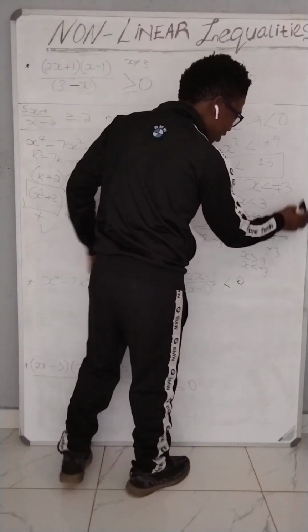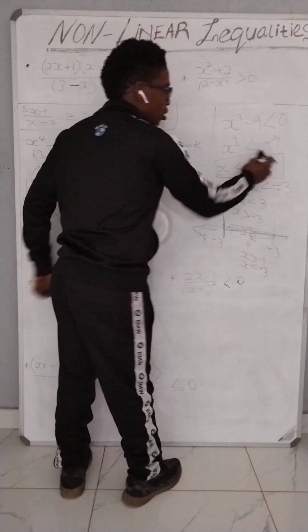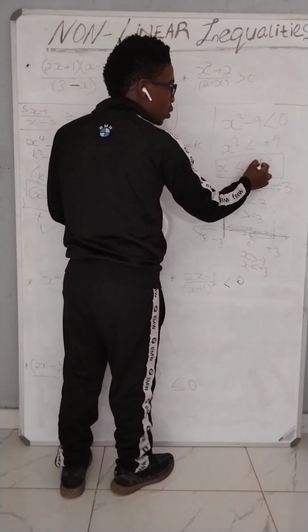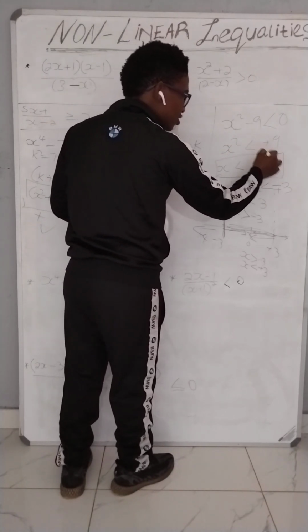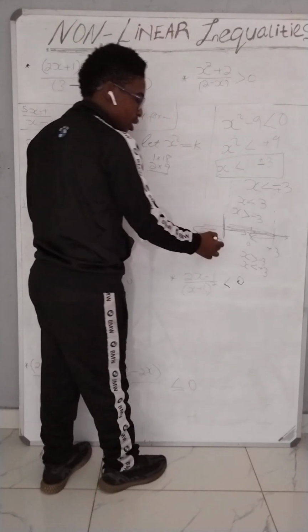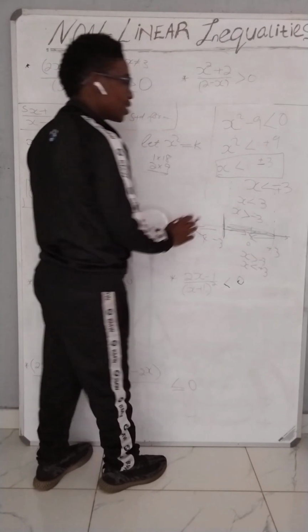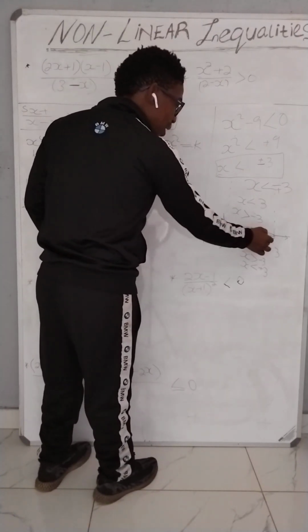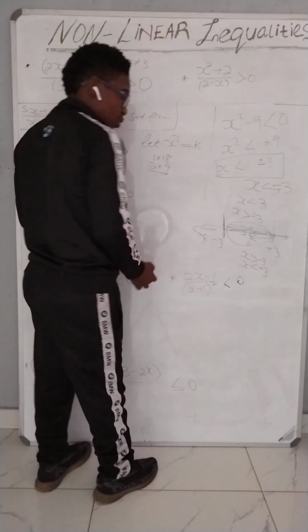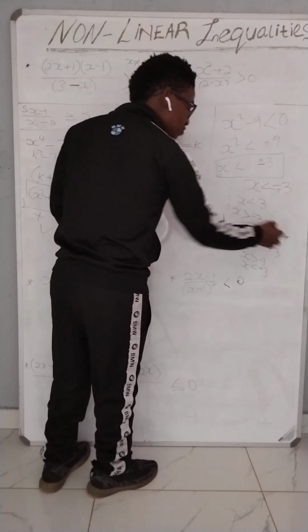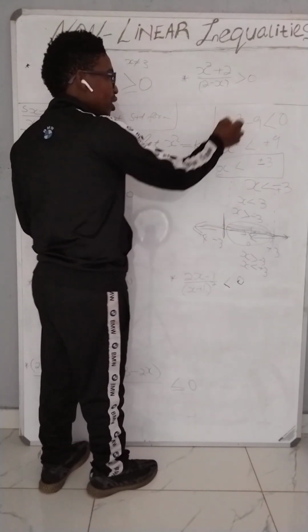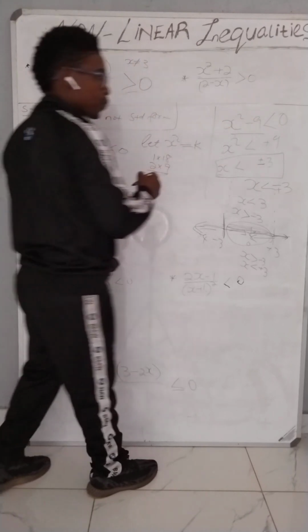So this is your final answer. So this just gives you the values that you must test, the positive and negative 3. But your answer lies here. Because anything out of these boundaries is going to give you a positive here.